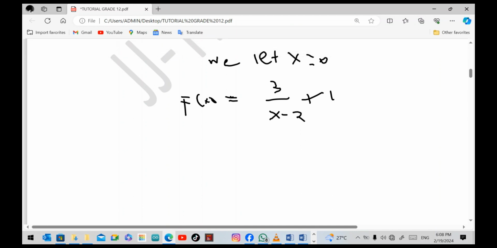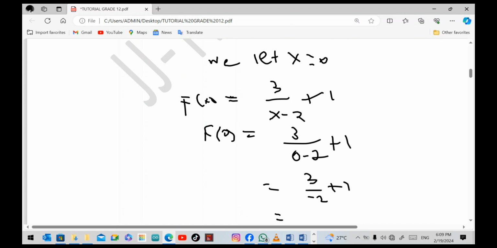When we were looking for x, we did it a favor by saying f of x is equal to 0, right? So now f of 0, because now x is 0, then 3 over 0 minus 2 plus 1.